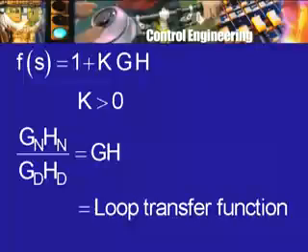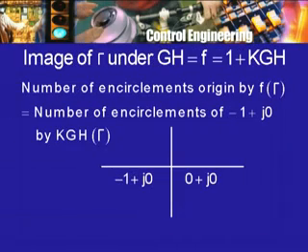So the following then will hold. Look at the image of gamma under gh, and look at the image of gamma under f. What is going to be the difference? The difference is going to be the scale factor k and this shift of 1. Now if you think of it a little bit, and if you draw a figure for yourself, which one has to do oneself in order to realize that it is so, you will realize that the following is true.